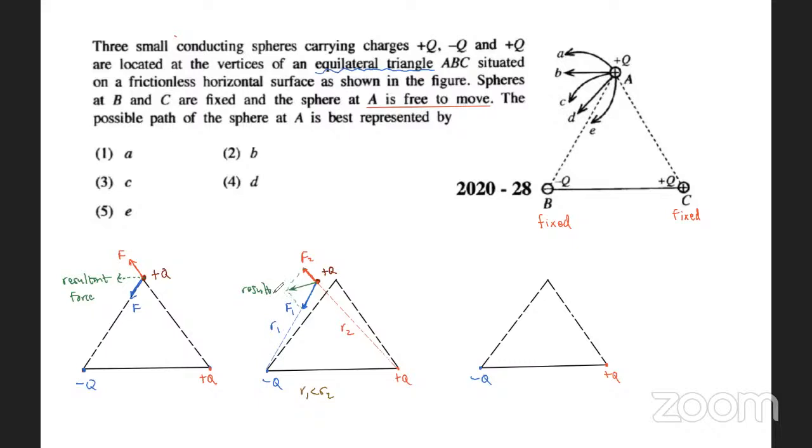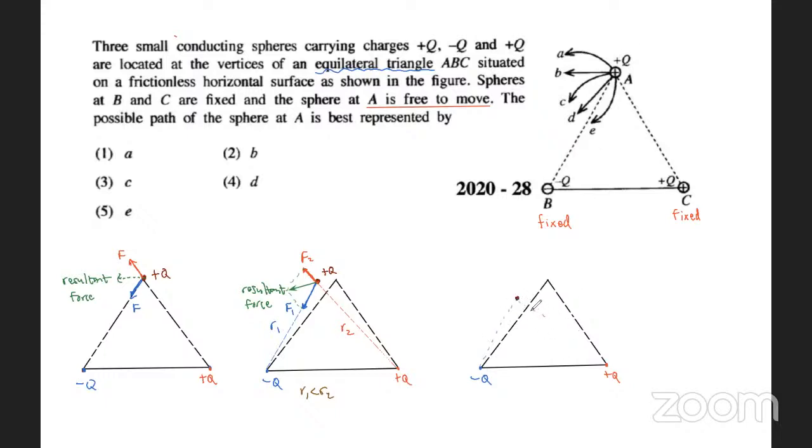So the plus Q charge will not go straight, because the direction of force keeps changing. It started straight, now it has been slightly downwards, right? That means it should go somewhere here now, no? It can't go straight. And now once again, if you notice carefully, the length from blue charge is even smaller than the previous scenario, right?